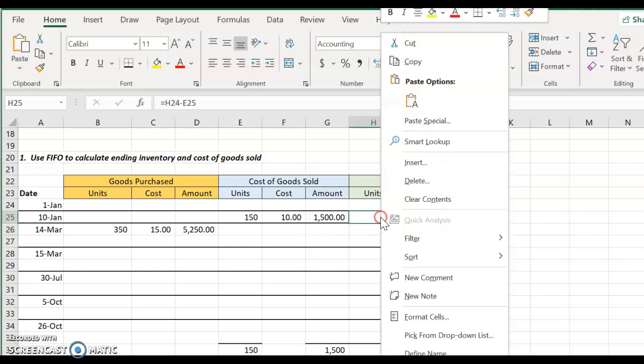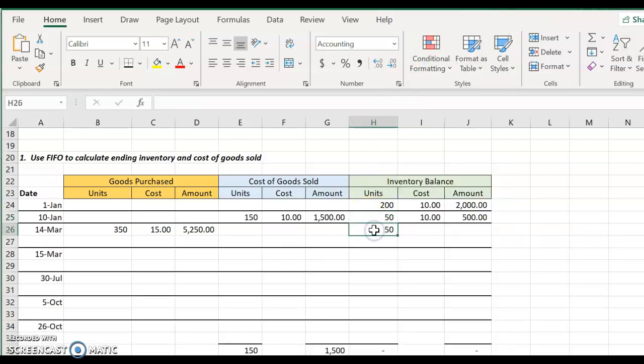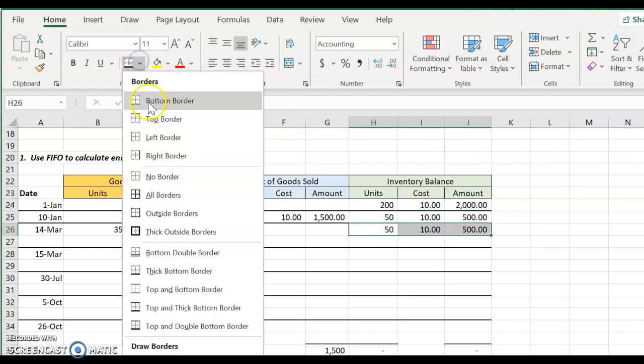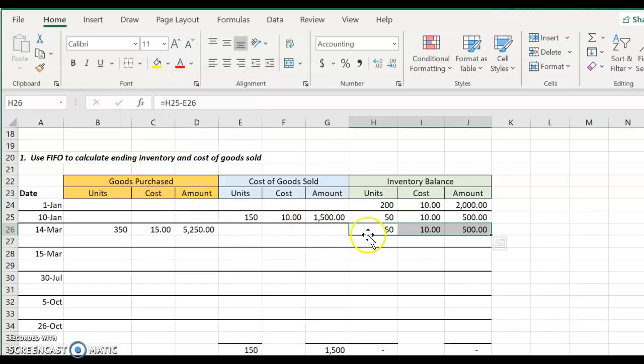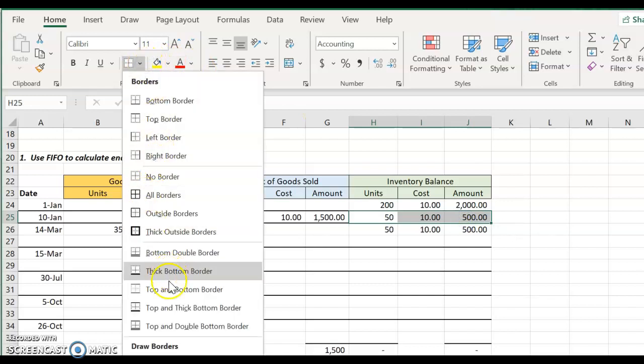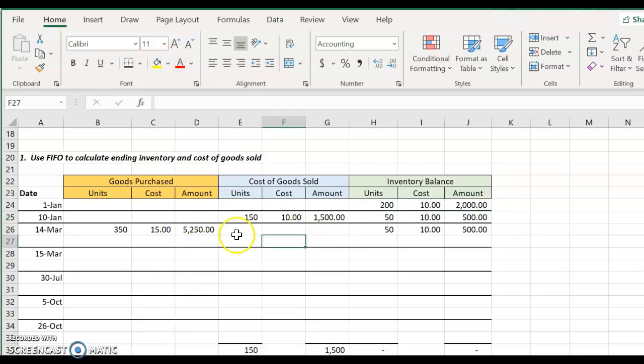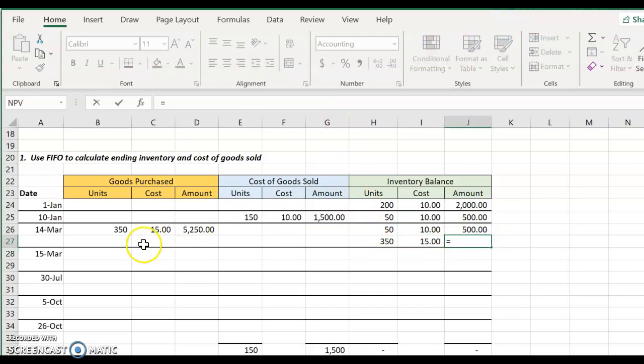And we'll copy that down here too. And because I copied, now I've got to get rid of that line underneath because I don't want it there. So no border. And now I lost it here. You've got to be careful with your copy and paste when you've got the formatting in there. Now I'm going to bring over the 350 units at $15, and that equals 350 times 15.